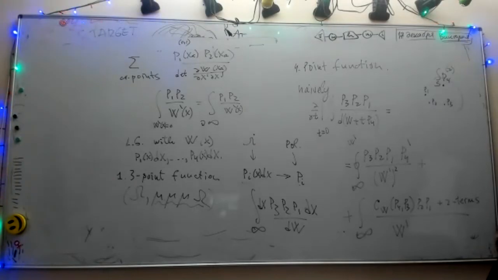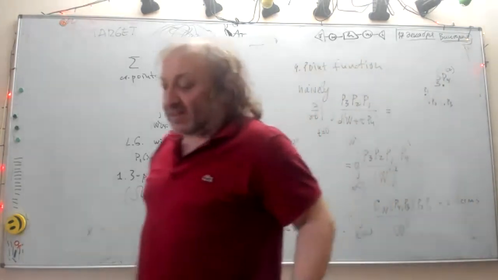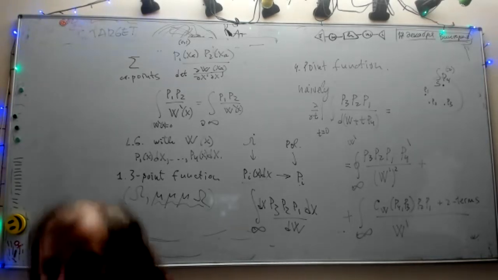So I need to have a connection. The fact that naive P's are closed does not mean that it is the right thing to do. I need a connection, not because the old representatives are not closed anymore. They are closed, but they are parallel transported with a stupid connection, the naive connection. And we know that there should be a proper connection.